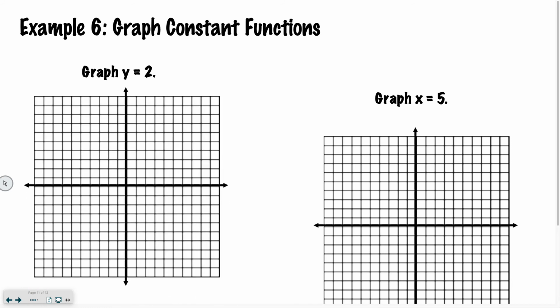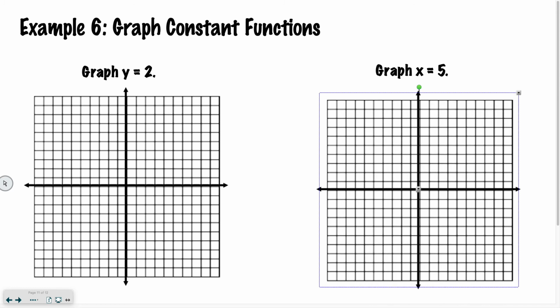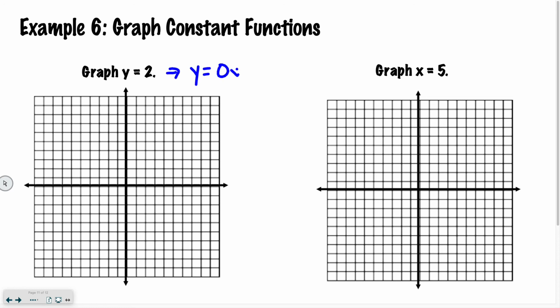All right, so we've practiced these before as well. Graphing constant functions. So would you have y equals a number? Remember, we talked about this. That's the same as saying y equals 0x plus 2. Or maybe not yesterday, this was 2 lessons ago.